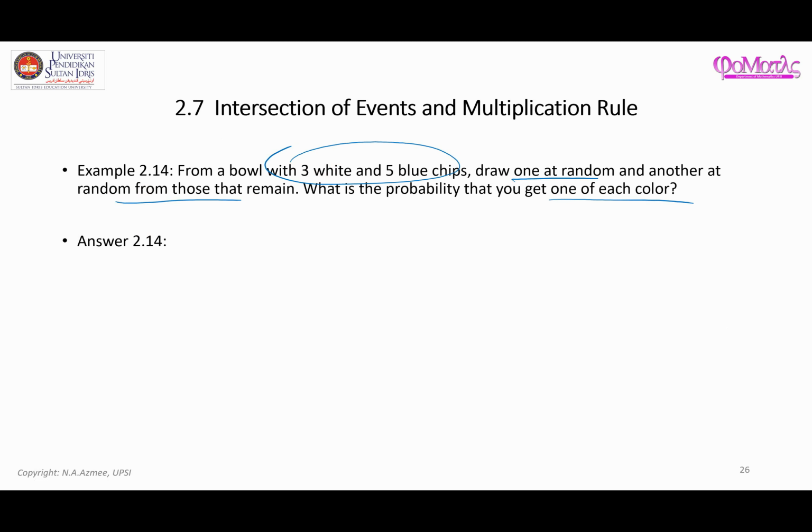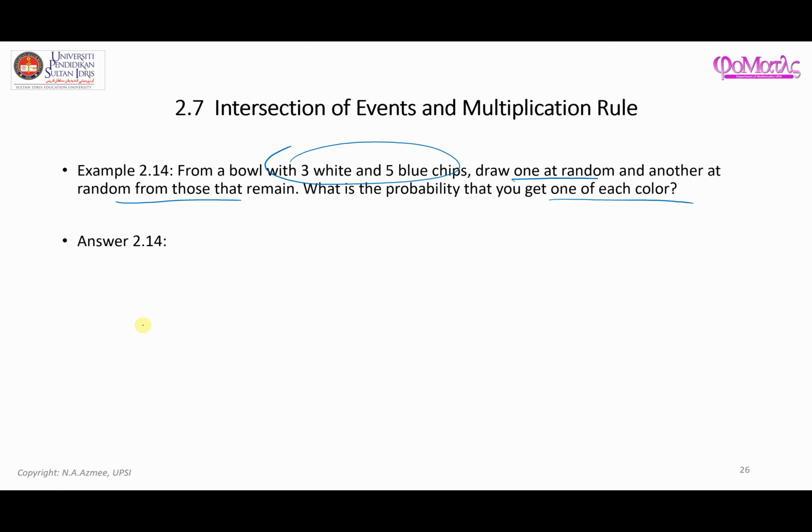And again, like I said earlier, if you find it difficult to decide which formula to use, you can try to visualize this problem in terms of a tree diagram. And this is our starting point. So we're going to try and visualize this in terms of a tree diagram.